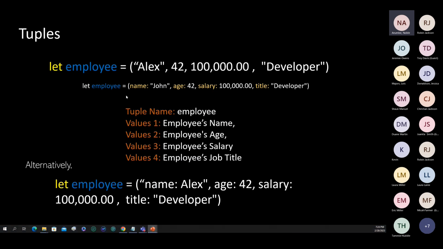So essentially, the tuple name is employee. Now the actual name of that employee will be John. Their age 42, their salary 100,000, their title, they're a developer, right? So that's one way to represent this. You can either represent it this way, or you can represent it this way.